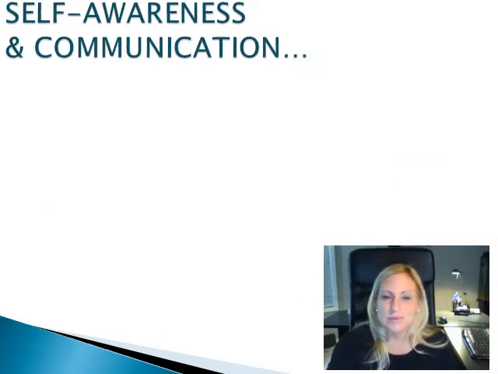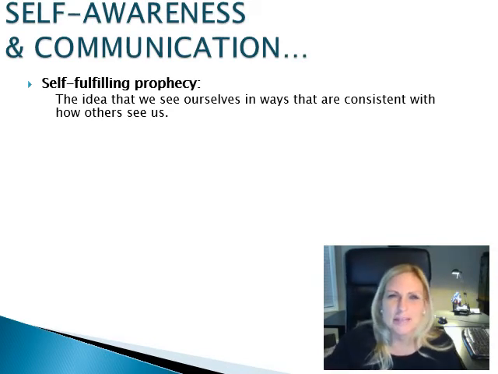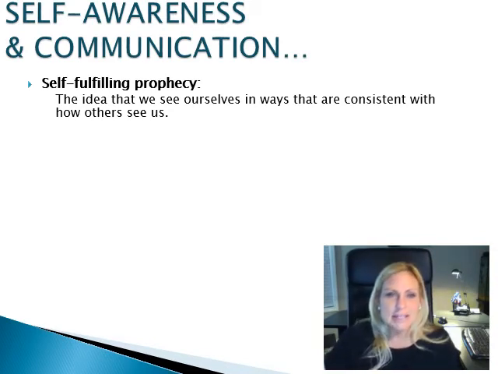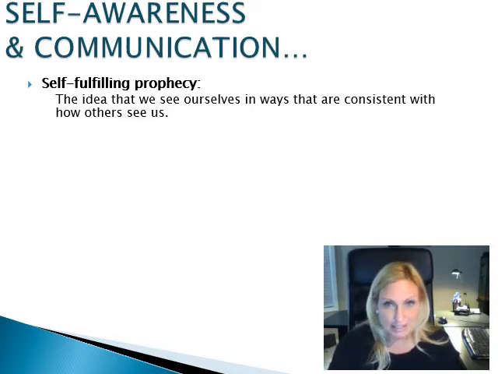The next concept was self-awareness and communication. This is really important. If you want to be a strategic and effective communicator, you have to think about different things. For example, I talked about the self-fulfilling prophecy, the idea that the way we see ourselves is consistent with how others see us.